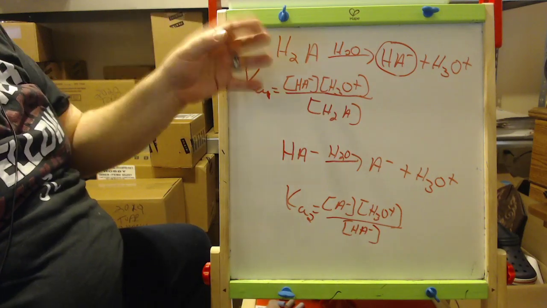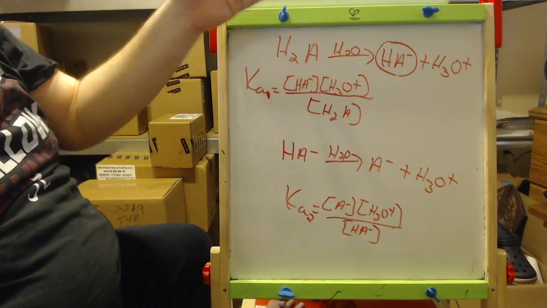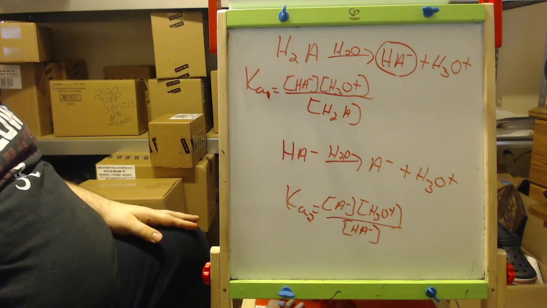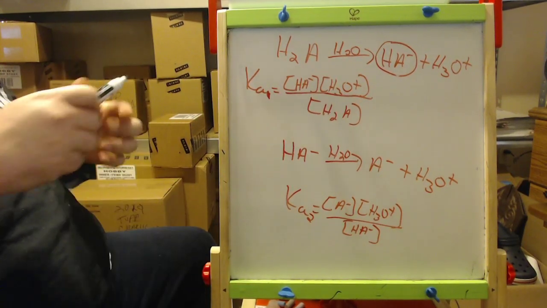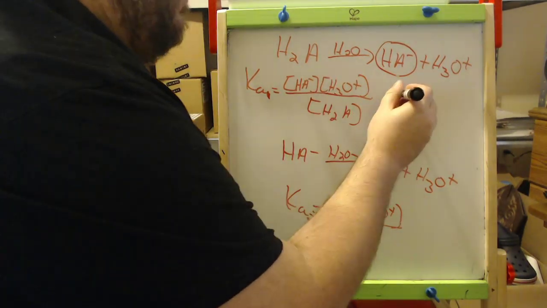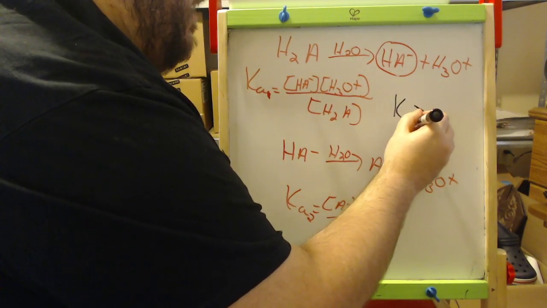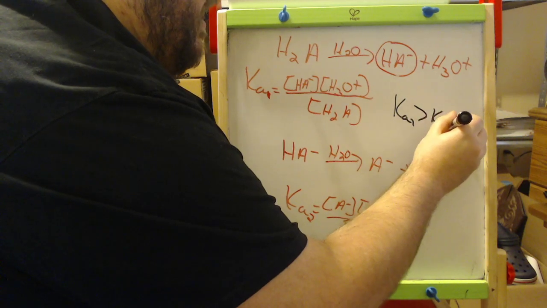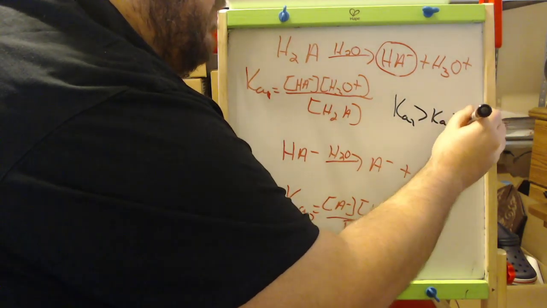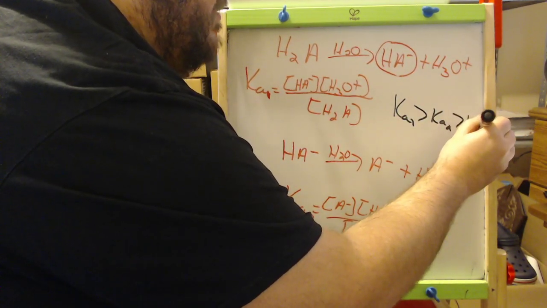So my weak acids donate their protons in steps. What I want to point out, though, is acidic-wise, the Ka1 value is greater than the Ka2, which is greater than the Ka3, and so on.